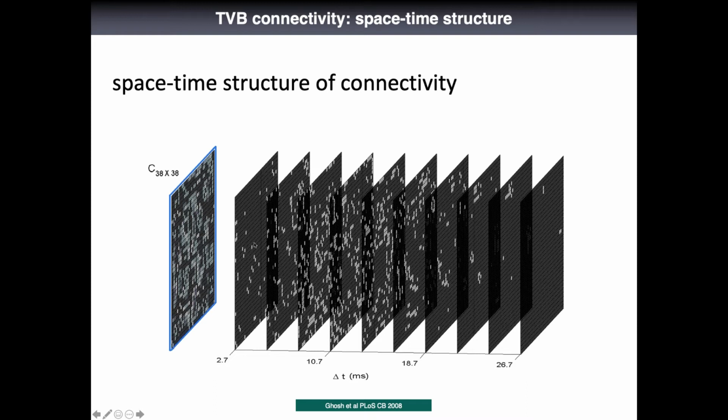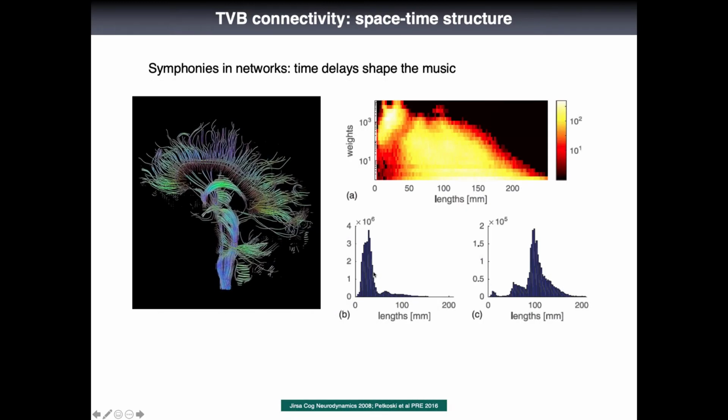So when we look at the shorter connections, we have some of them, and when we look at longer, we have some others. And this is what we would say shapes the music of the brain. Think of it as a kind of chord instrument, for instance.